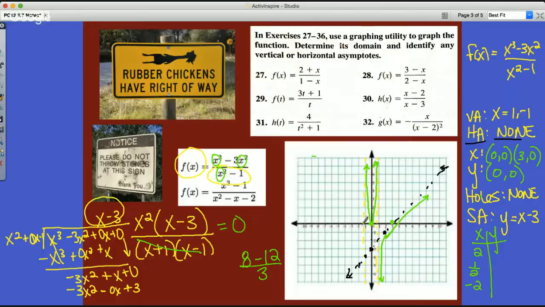Now, if I plug in -2, let's see what we get. -2 cubed would be -8. -2 squared is 4. 4 times -3 is -12. Okay, so we got that there. -2 squared is 4. Minus 1 is 3. So I got -20 over 3, which would be the same as like -6.6.